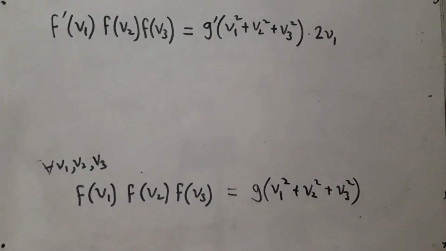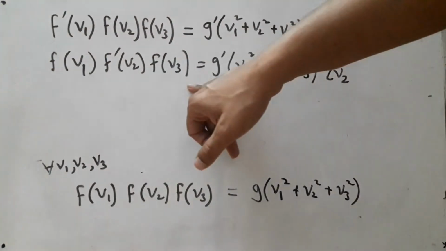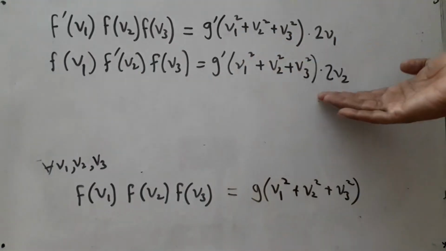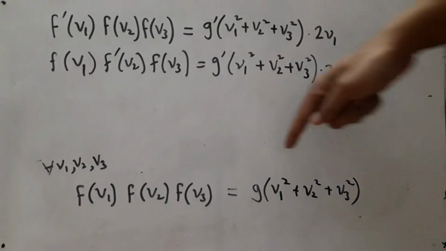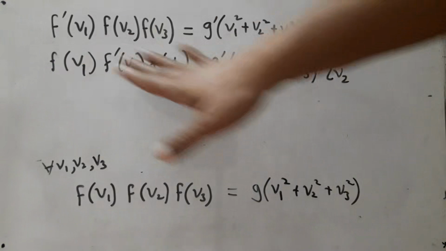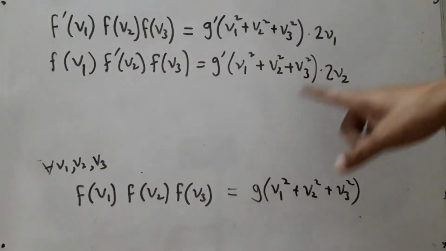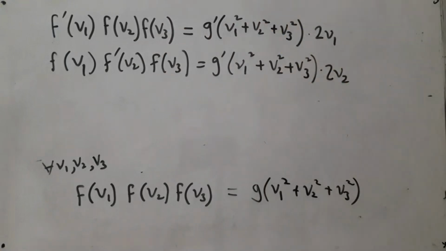Now I can do the same thing with respect to V2 to get F V1, F prime V2, F V3, very much similar to the last one except that I have 2V2. Now remember, he does not care about this G, all that he cares about is F. Now this gives him a good opportunity to get rid of this G, which is present as G prime here.